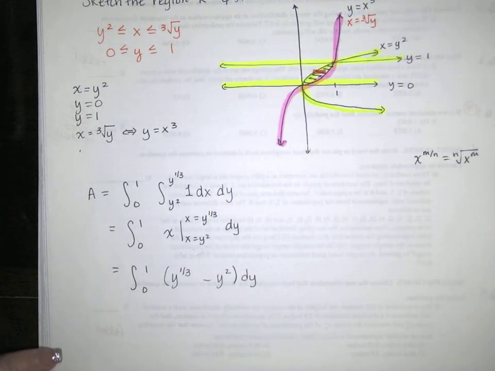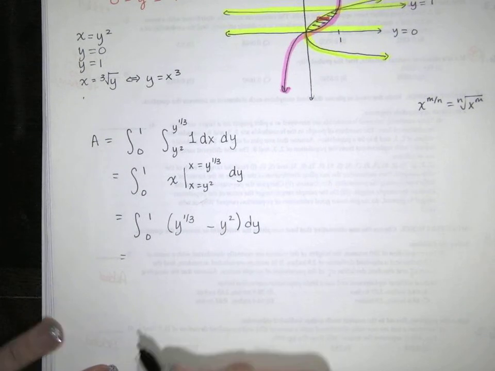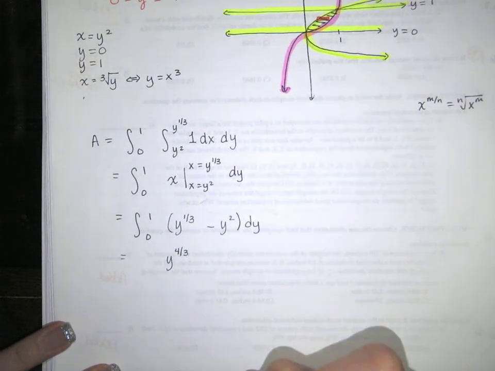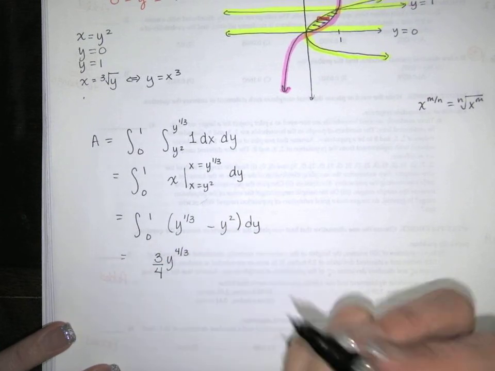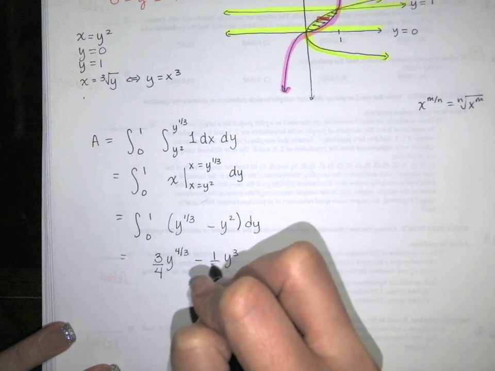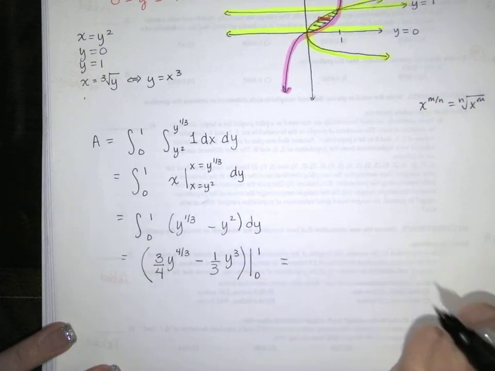And then we integrate with respect to y, just a regular Calc 1 integral now. So we add 1 to the exponent and divide by the new exponent. Dividing by 4/3 is the same as multiplying by 3/4. Add 1 to the exponent here, divide by the new exponent. Substitute in 0 and 1 and subtract.